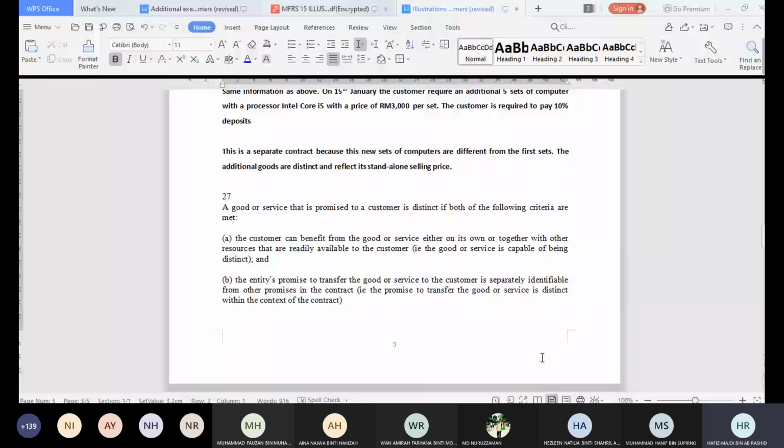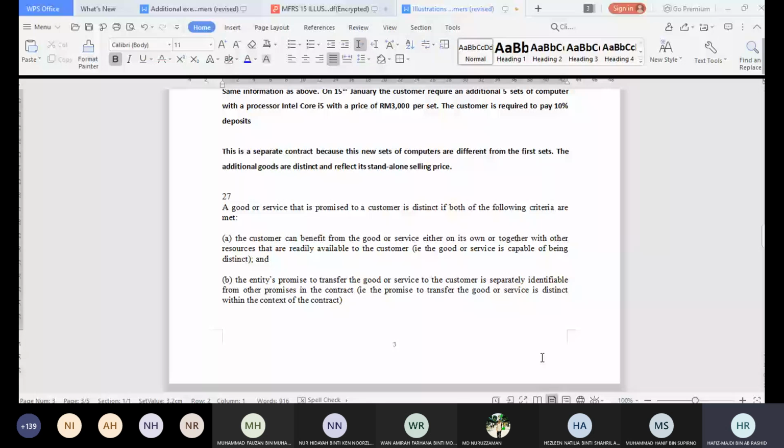The promise part, can you explain again? For example, if you already agreed in the initial contract that it should be delivered in two phases, that is why the discussion in the standard says two or more promises.